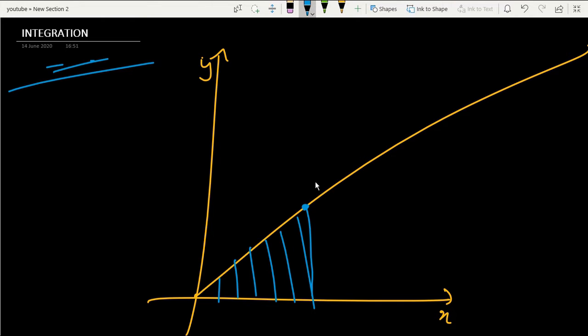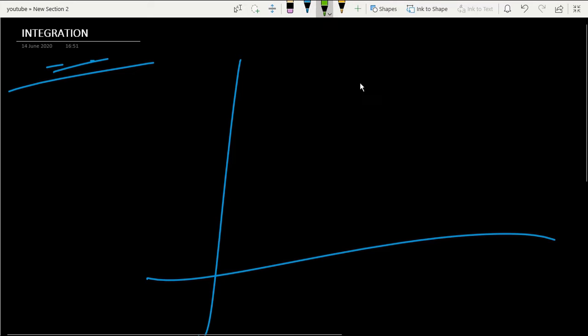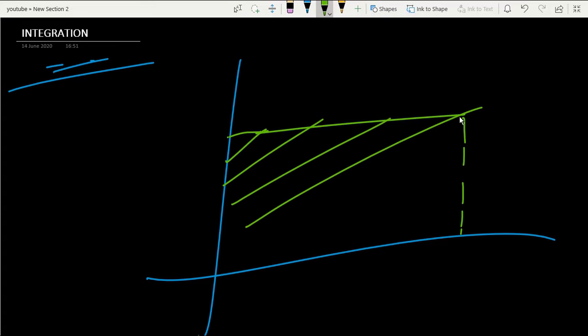So you can easily find the area of this part in a graph. Simple. Now if I ask you to find the area of this graph, you can find the area of this too by just joining this and finding the area of this rectangle. Simple.